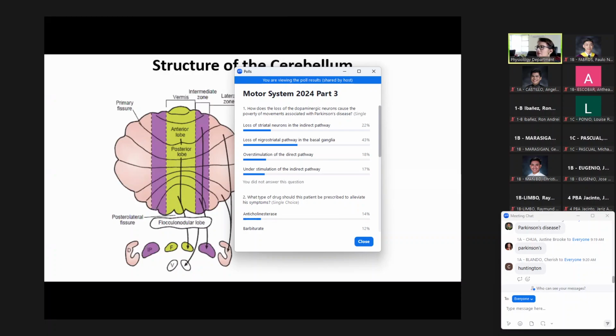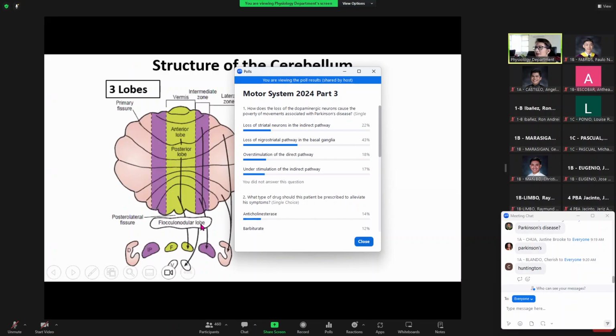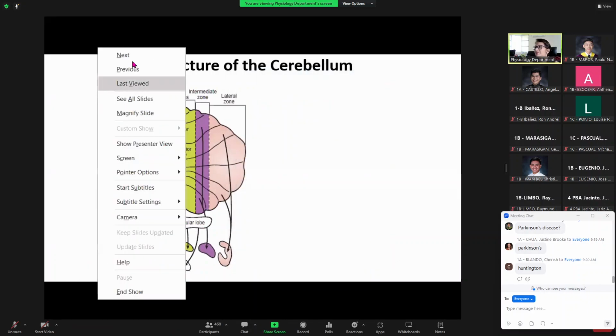Okay, so this is the structure of your cerebellum. Yay, pag cerebellum na, ibig sabihin patapos na tayo. Okay, it is said that the cerebellum has, ito yung maraming number 3 dito. Okay, maraming number 3. So ano yung mga number 3 dito? 3 lobes. Okay, the anterior lobe, the posterior lobe, and the flocculonodular lobe.